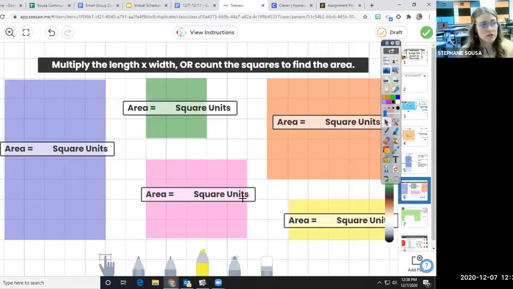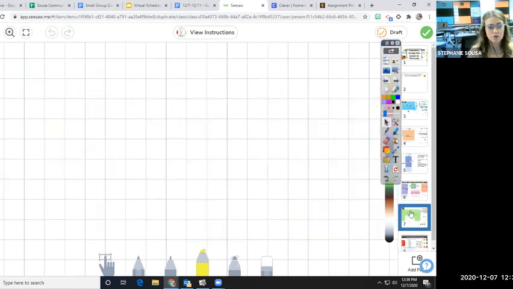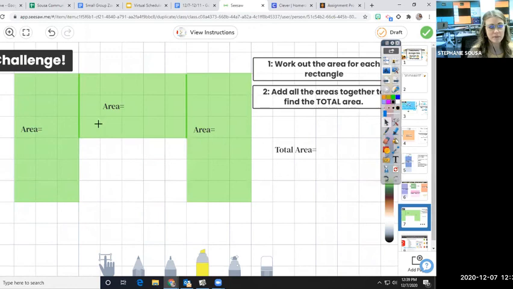On slide 6, you're going to do the same thing. You can choose whether you want to multiply or count the squares, and you're going to tell me the number of square units. You'll do the same thing on number 7. There are 3 smaller rectangles that you are going to count or multiply to get the total area of this shape.